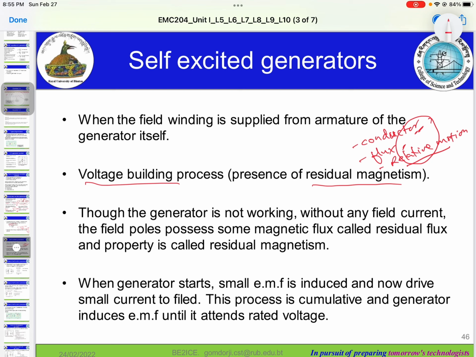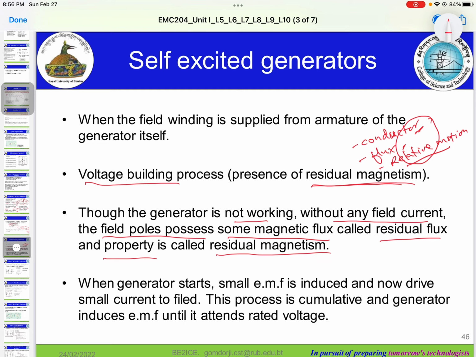Now in the case of self-excited generators, without giving external supply, you must be wondering how that field flux is created. It's because of the presence of the residual magnetism. Though the generator is not working without any field current, the field poles possess some magnetic flux called the residual flux, and the property is called residual magnetism.